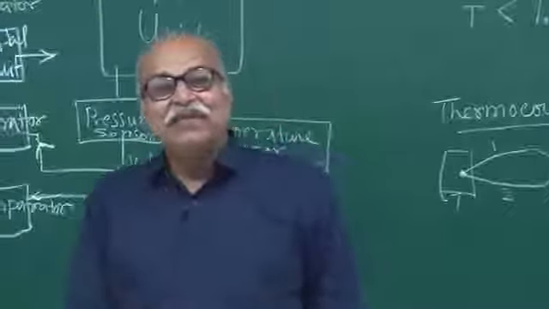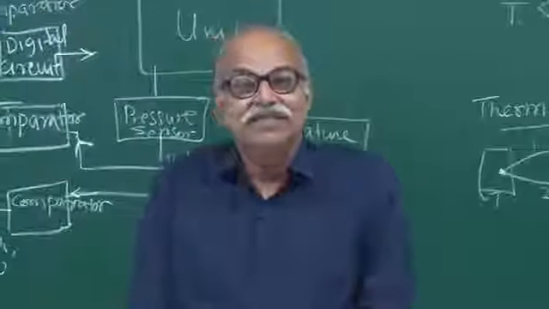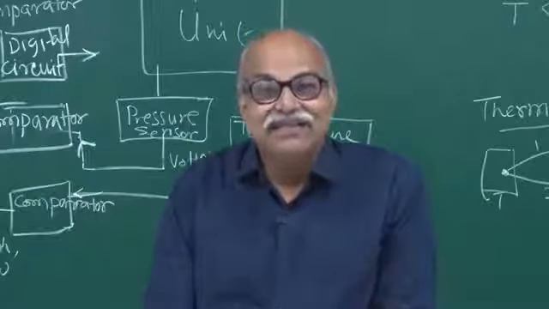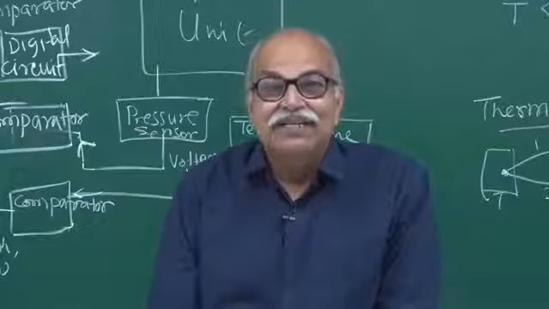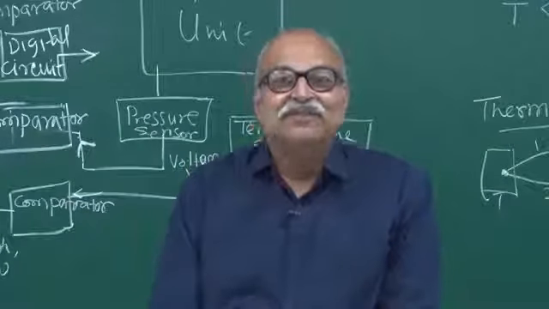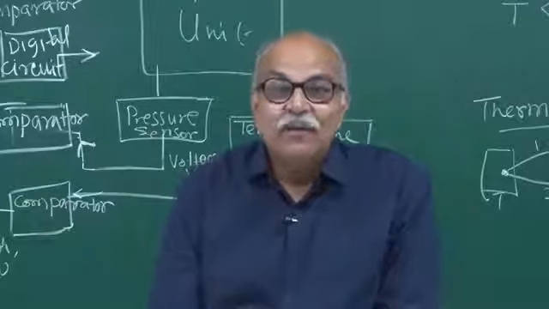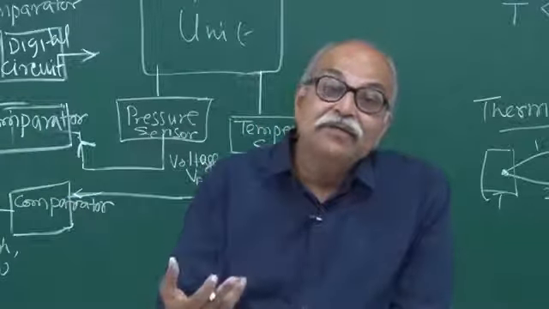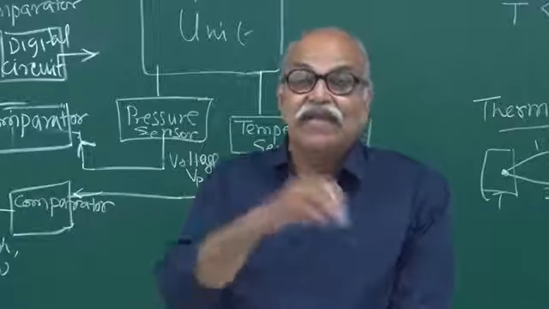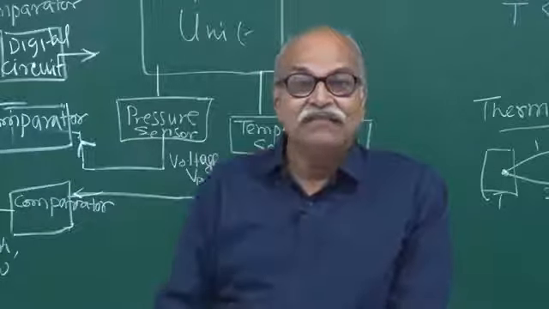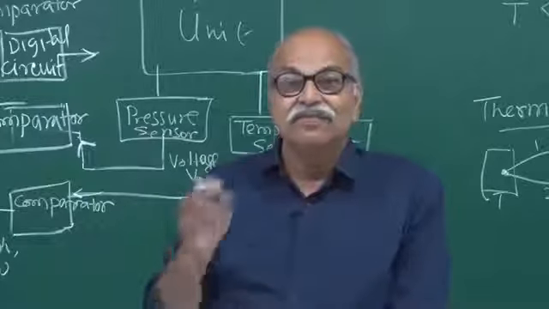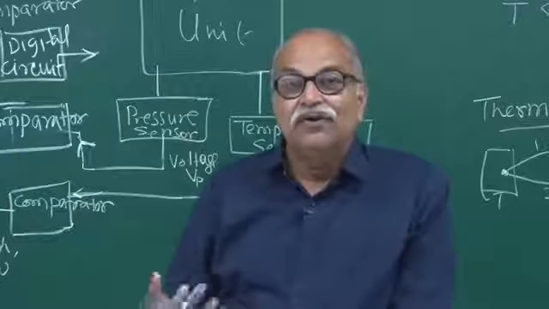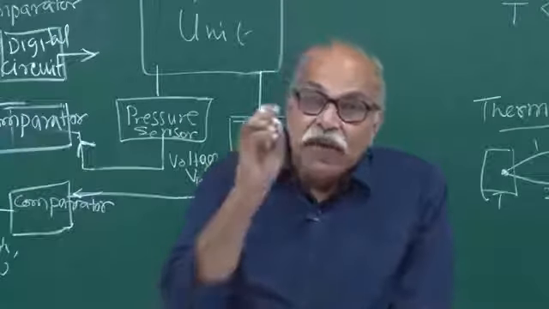Another very important area where this digital electronics is needed is our arithmetic calculations or processing of information. All our calculators, all our computers, they work on binary number processing. In calculators, we multiply things, we divide things, we do all kinds of calculations. In computers also there are a lot of calculations involved. So all these need binary numbers.